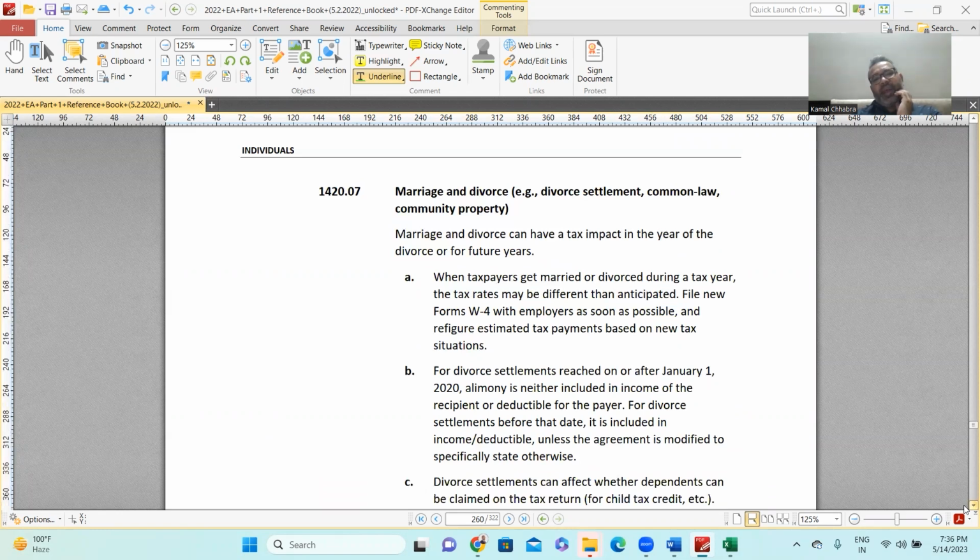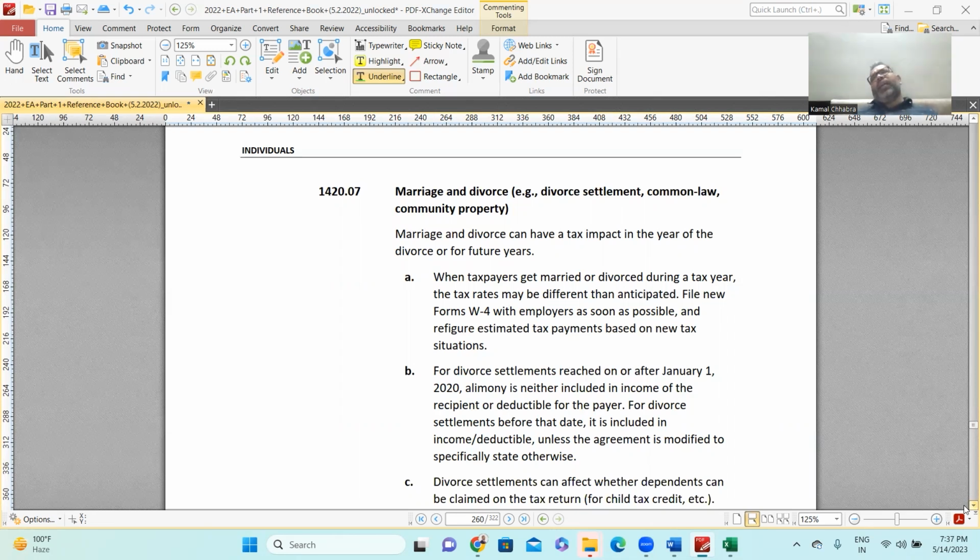Now coming to marriage and divorce, there also we have discussed earlier, there are two things. One is alimony, which differs before 2018 and after 2018, and the second important thing is the contribution you make for the child. The contribution you make for the child is an allowable expense, and the amount received for the child is not considered taxable income.